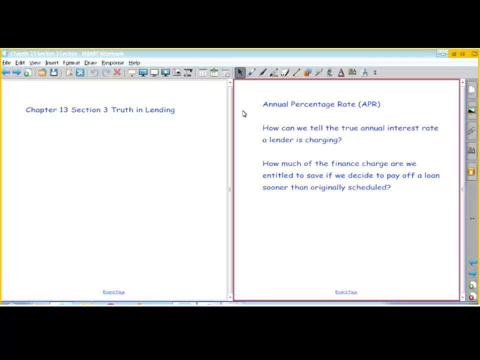So why would somebody not want to put that on there? If you have it on there now, why would you stop regulations that tell you to put it on there? Anybody? What's the negative of knowing what your true interest rate is? What's that?